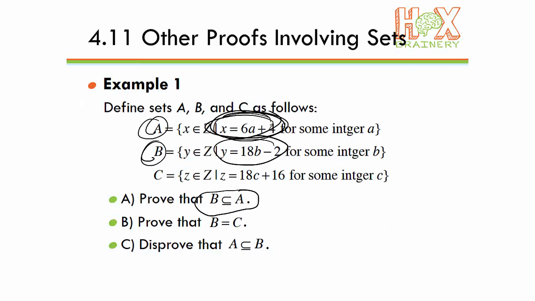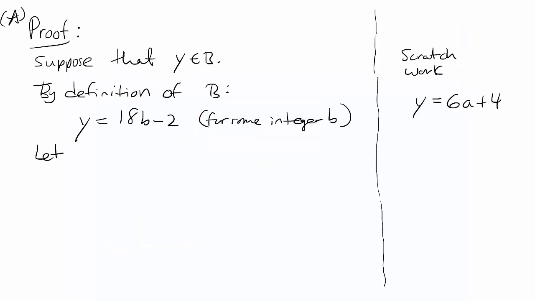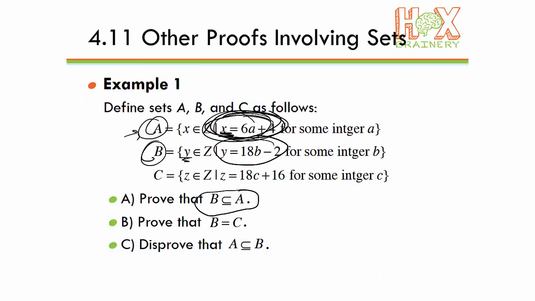Now I know this is for the x, but I'm picking a y and I want to show that y is in A. So if y is in A, y has to be equal to 6a plus 4 also. So I have that y is equal to 6a plus 4, and then y is 18b minus 2. That is the definition for the y.